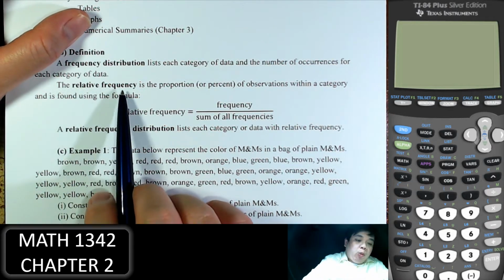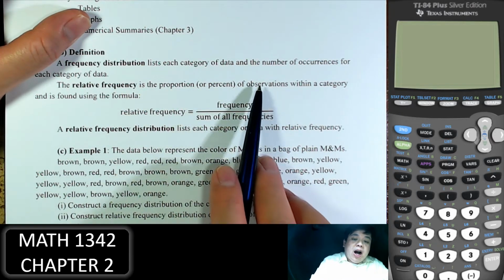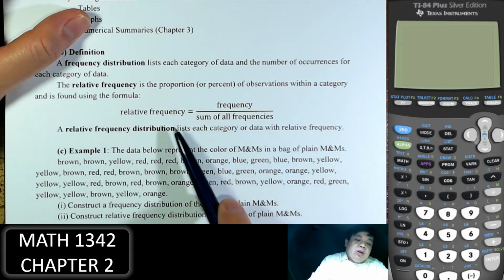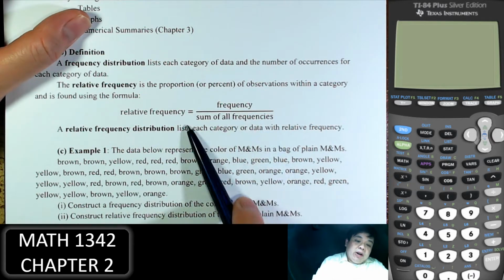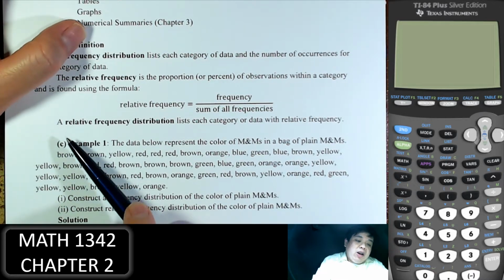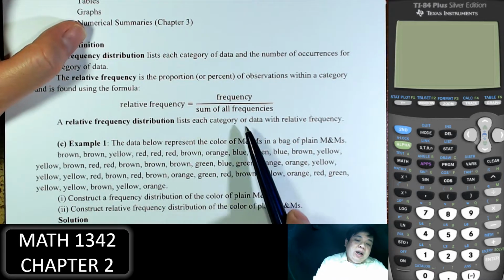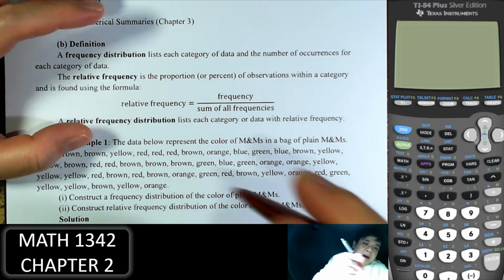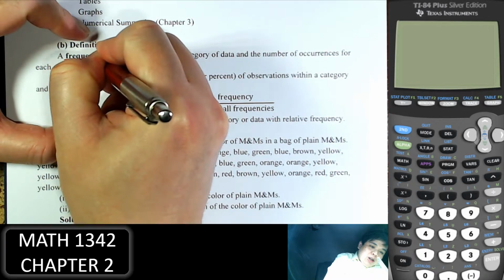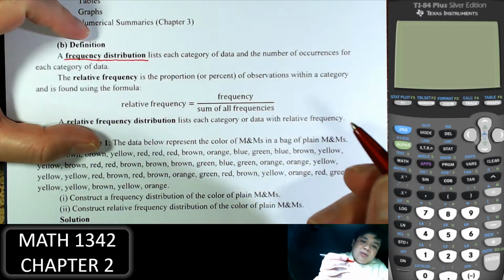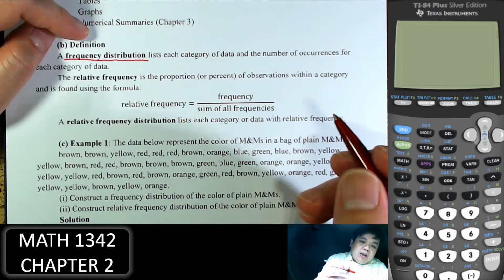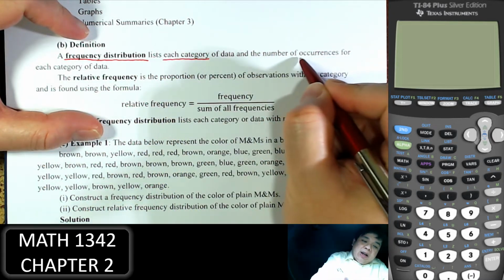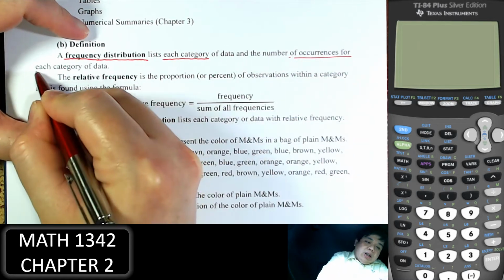The relative frequency is the proportion or percent of the observations within the category, found using the formula. So the relative frequency is the frequency over everything. A relative frequency distribution lists all the categories with the relative frequency. The frequency distribution is like a table: each category and the occurrence for each category.